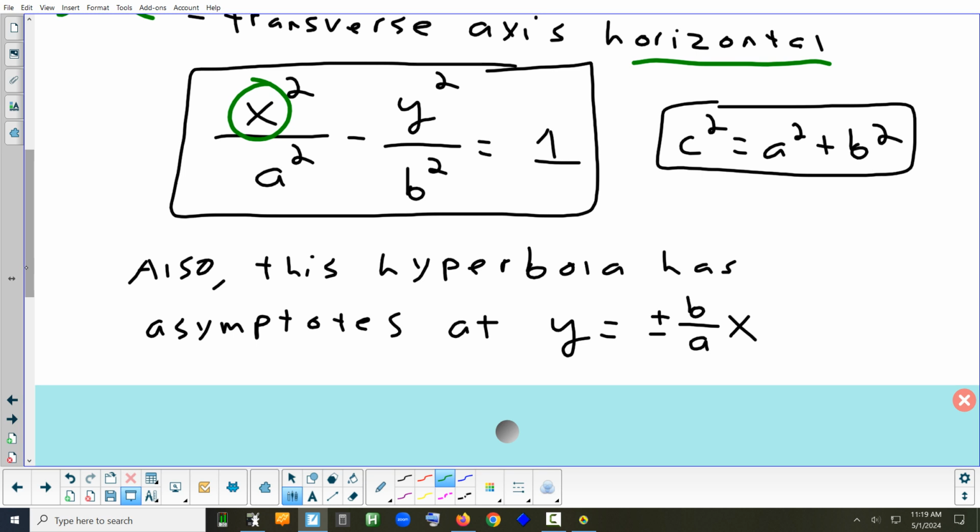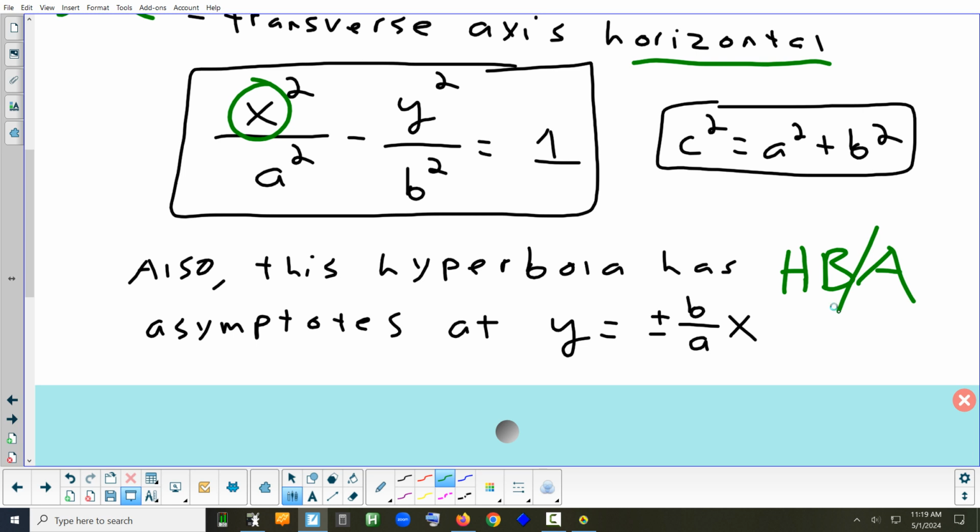The slope is b over a. So when the transverse axis is horizontal, the slope is b over a. So I remember HBA. HBA. Horizontal, b over a.